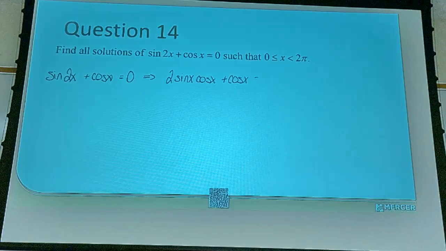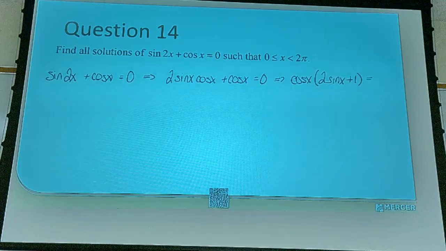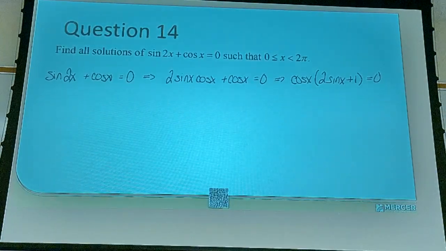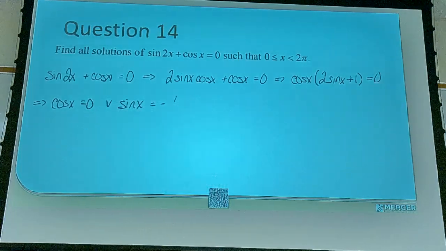Two sine x cosine x, right? Factor out cosine. We get cosine x equals 0, or, no, I am just going to do this. You should easily be able to see, or sine x is negative a half.